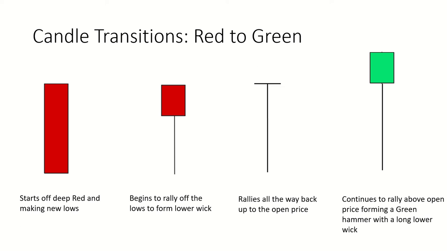And so, really, the important thing to note here is that an individual candle, while it's forming, which is to say, before it closes, is only a temporary state, right?